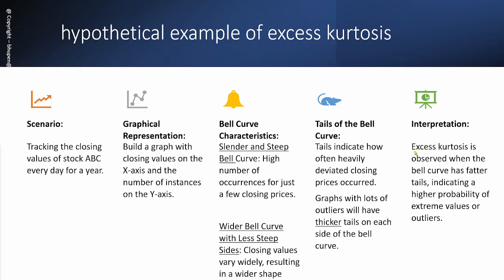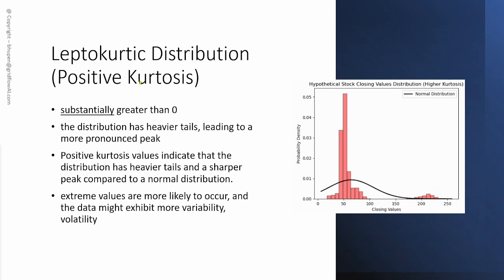So the interpretation is that excess kurtosis is observed when the bell curve has fatter tails, like a long tail, indicating a higher probability of extreme values or outliers. For example, a leptokurtic distribution is called positive kurtosis. Here, if you look at it, you have the data and there is a long tail on the right hand side, which means the closing values are higher than normal.